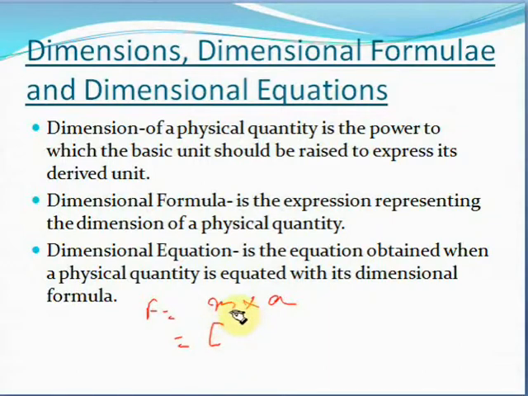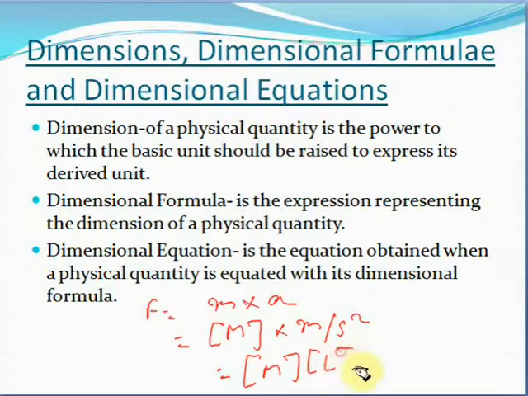Now the dimension for mass is M. Acceleration can be defined as meter per second square. So the basic unit for meter is that of length, that is L, and for time it is t. So here we can say that the dimension of force with respect to mass is 1, with respect to length is again 1, and with respect to time it is minus 2.